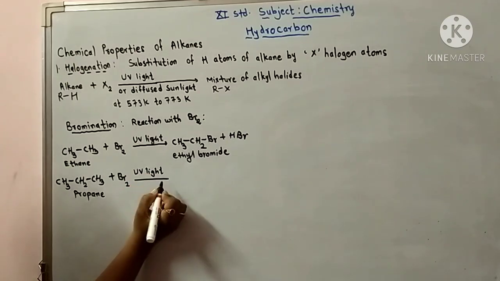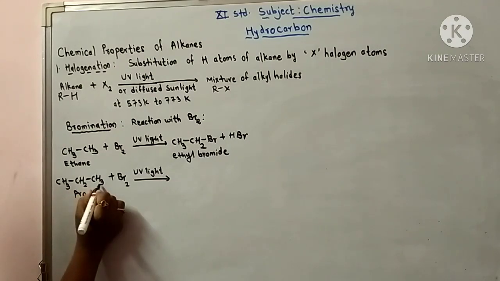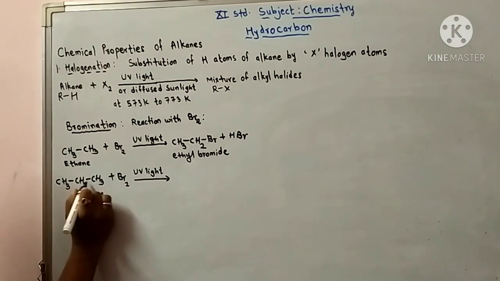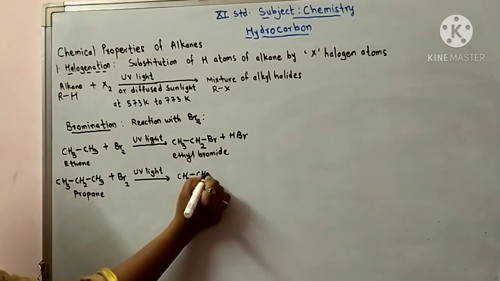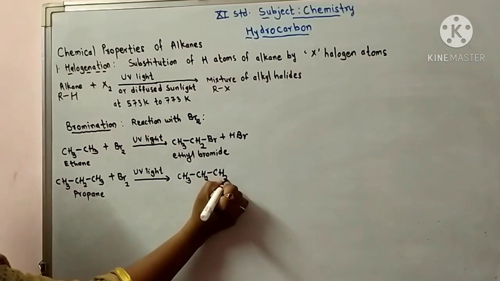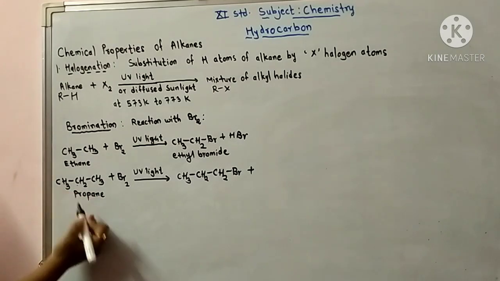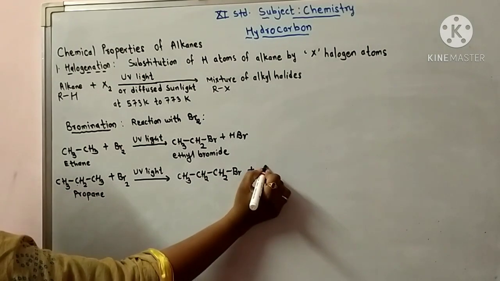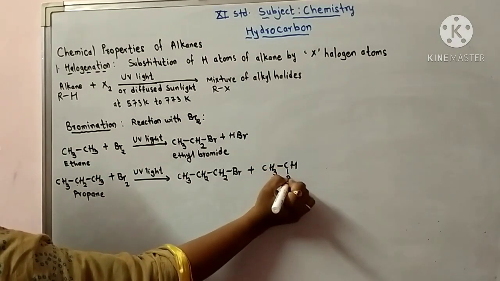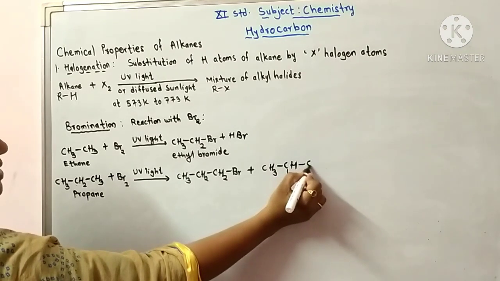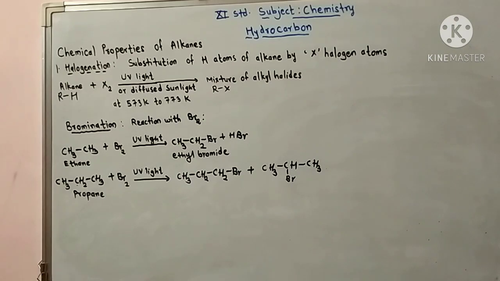Here we get a mixture of products. If a hydrogen atom is replaced from the terminal carbon, we get CH3CH2CH2Br, plus the other product where the hydrogen atom is replaced from this carbon, which is the secondary carbon, so CH3CHBrCH3, plus HBr.